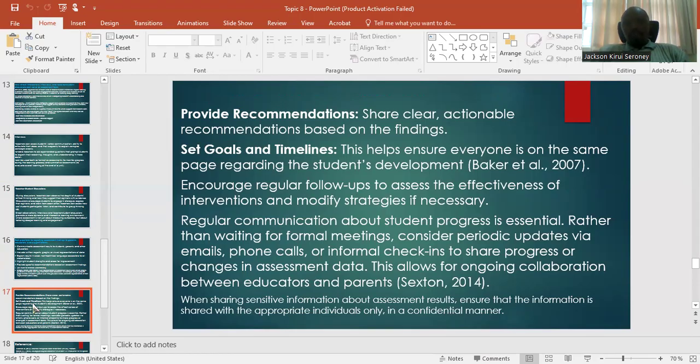And we need to communicate regularly so that you don't wait for class conferences or academic days. You can send emails or make phone calls to parents. It is important to note that when you're sharing this information, you need to be aware of data privacy so that you don't share information with whoever the information is not meant for.